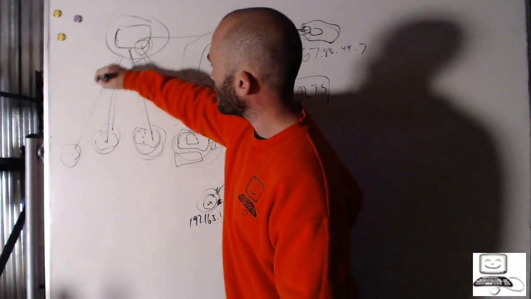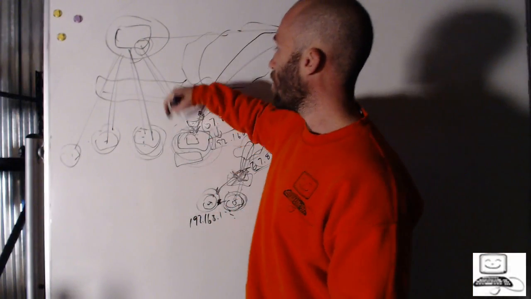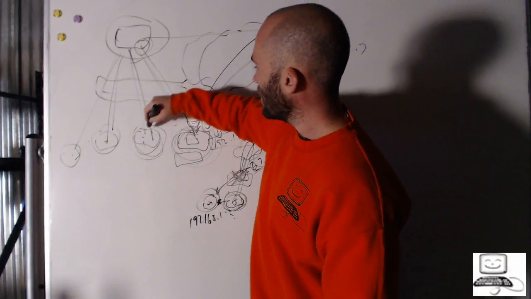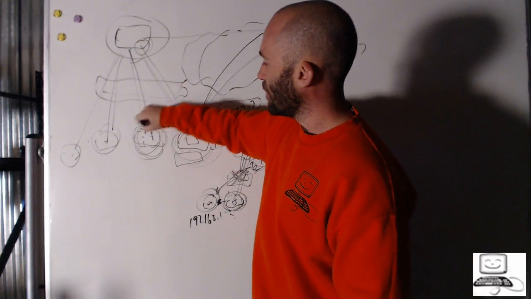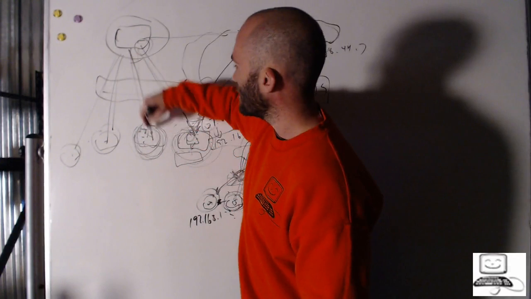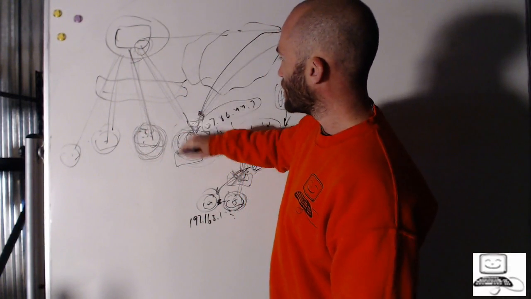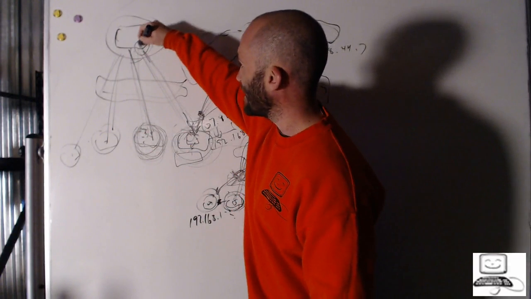Because all these computers, let's say they are behind the router, how services like LogMeIn work is this: let's say we want to remotely control this computer and we're sitting at this one. This computer is constantly talking to the server. We want to connect to this computer, so we go up to the same LogMeIn server that's out on the internet.